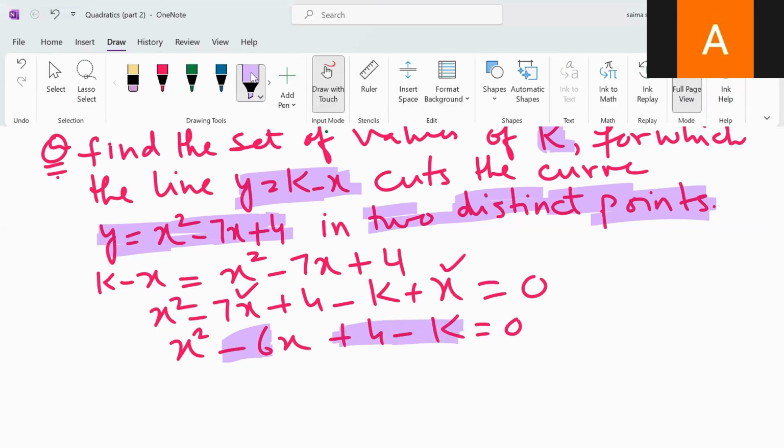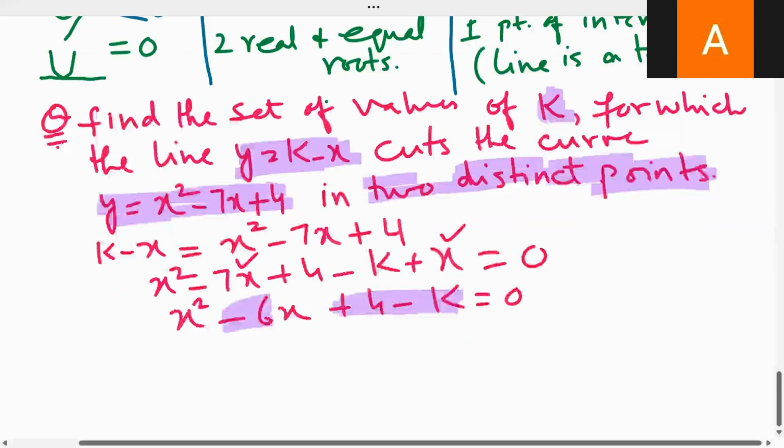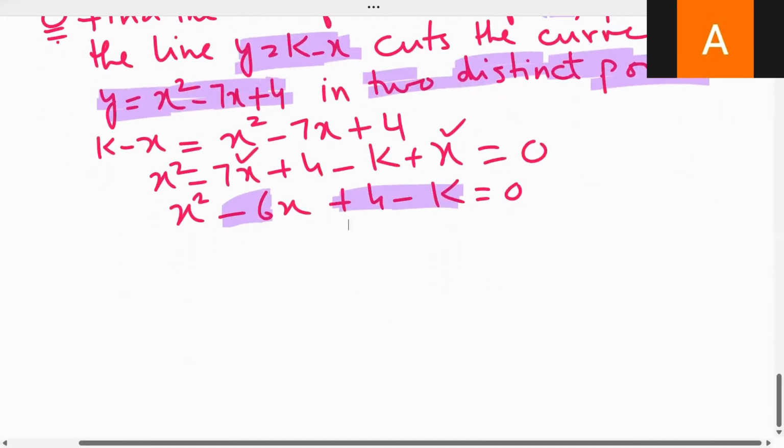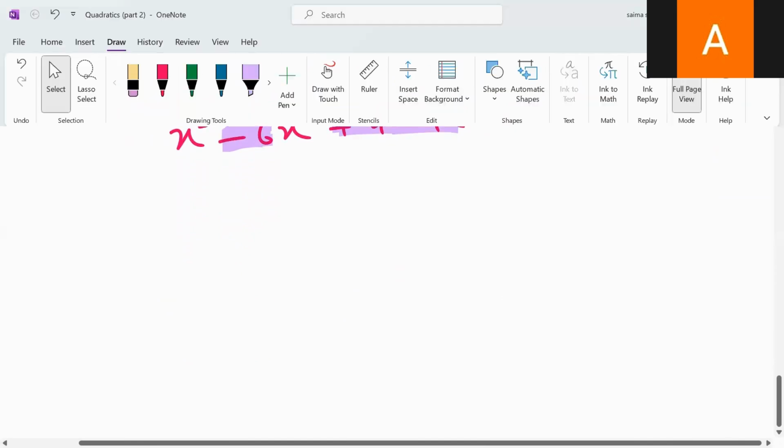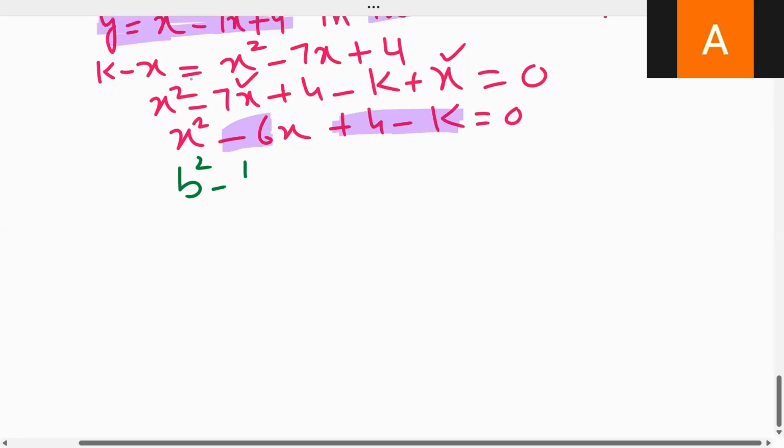Secondly, you need to note down the condition, which is two distinct points. What is the condition for two distinct points? The condition is that the discriminant is greater than 0, which is b square minus 4ac greater than 0.